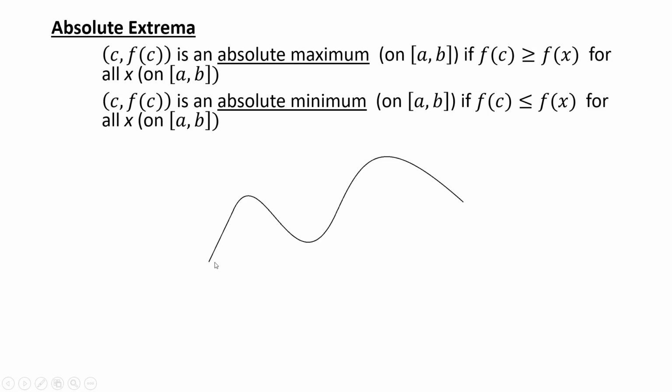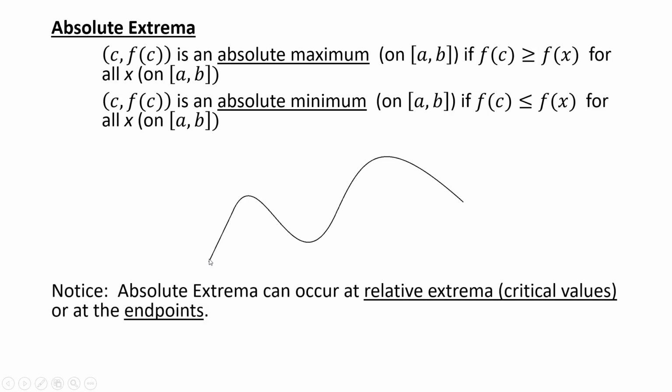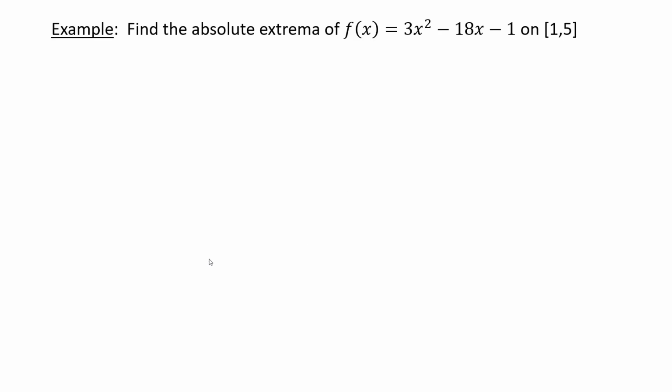It happens right here at the end point. So absolute extrema can occur at your relative extrema, which happen at critical values, or at the end points, which are given to you. All right, so I break this down into a 3-step process.